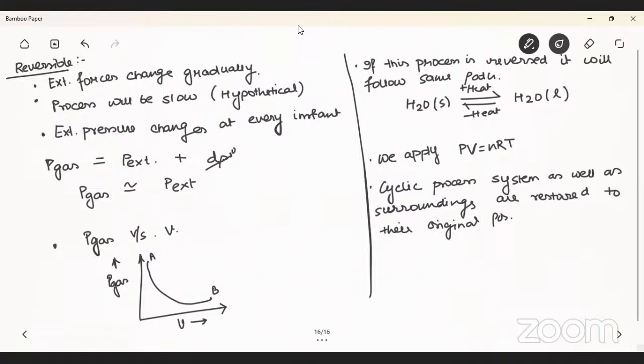Now we will be discussing the irreversible process. So what is an irreversible process? Here the external pressure changes suddenly.